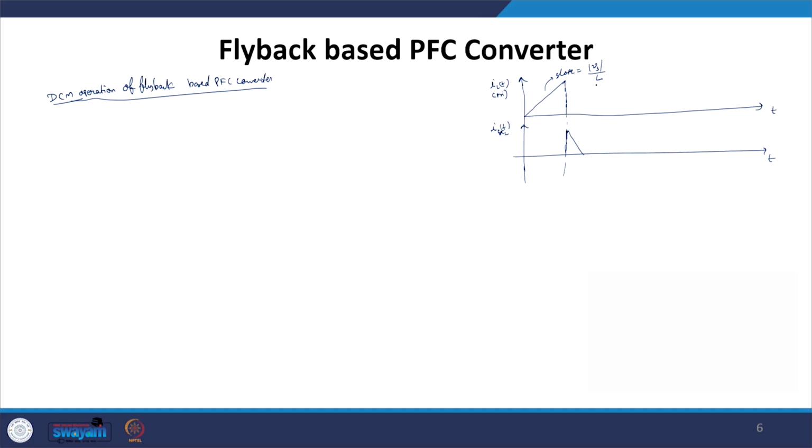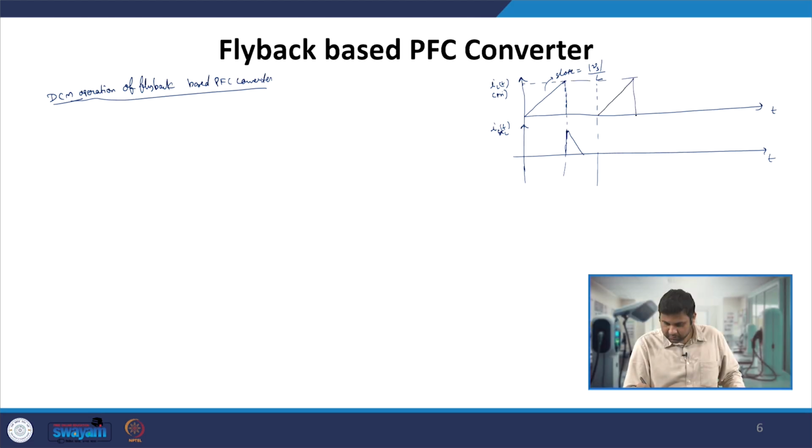Then again after a certain point, this current will start from here, comes back, and then here my IS will go down and then will be 0 for some time, and again the next TS will start.